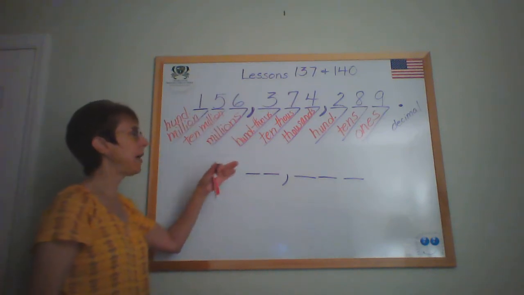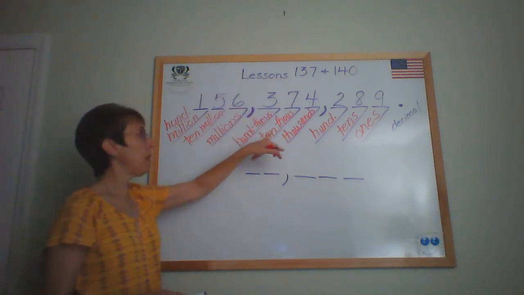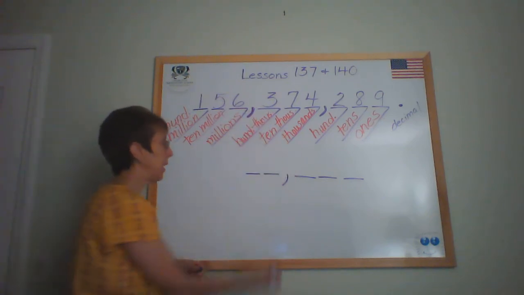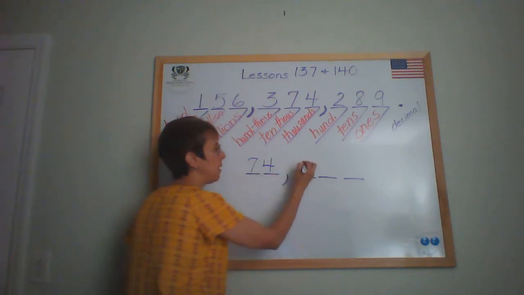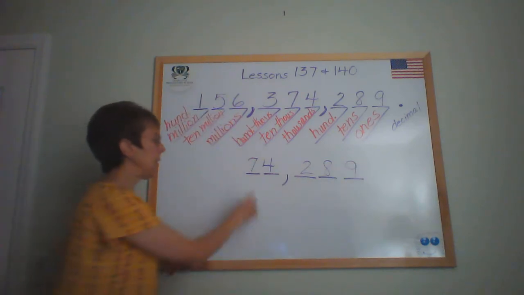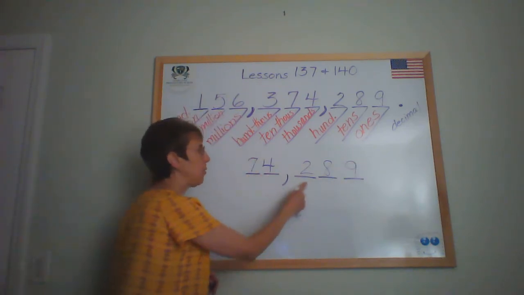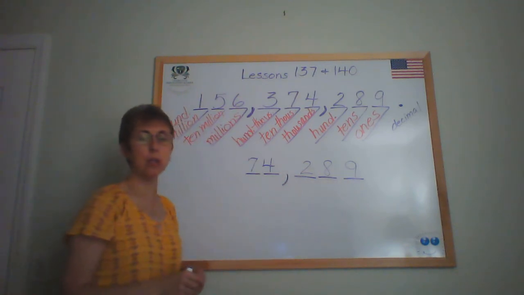So if you had a number like 74,289, well, that's nice and easy. Remember that the one comma is your thousands place.